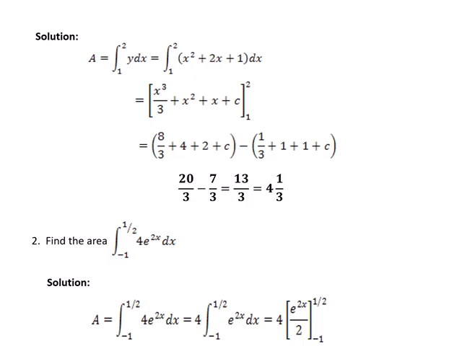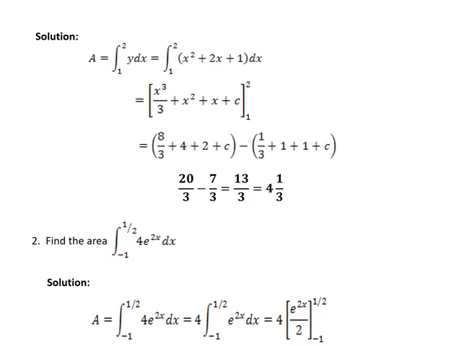Anywhere you see x, substitute 2 first. So we have 2 raised to power 3 all over 3, plus 2 raised to power 2, plus 2, plus c. The answer there will give us 8 over 3 plus 4 plus 2 plus c.